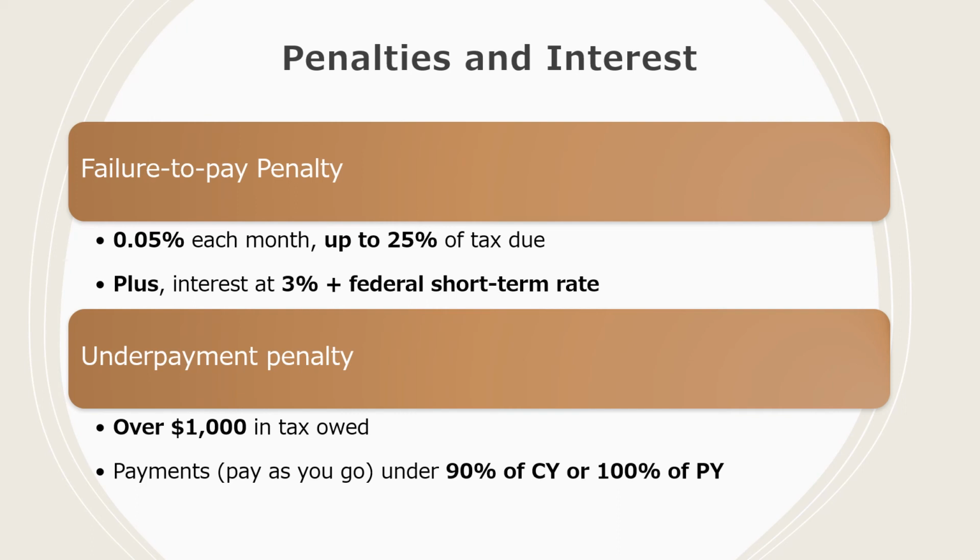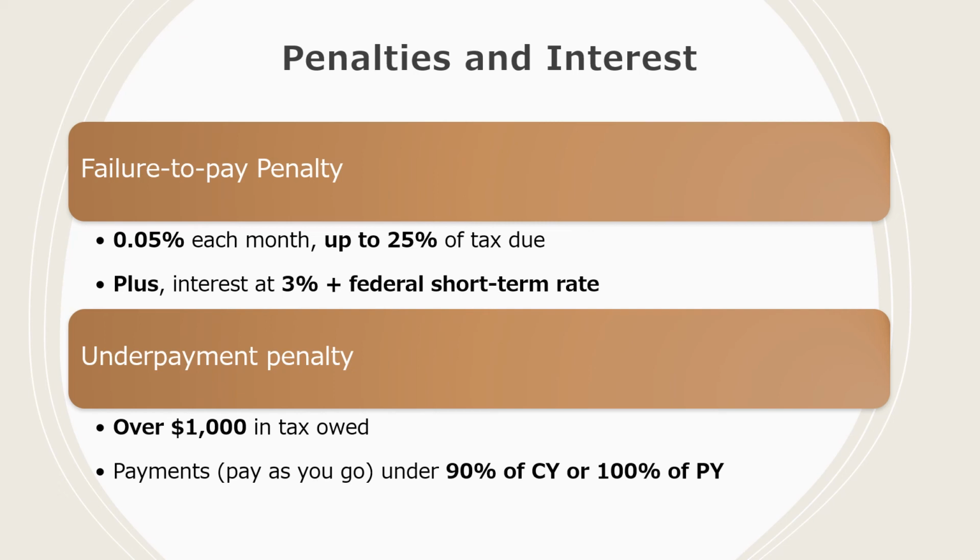And then if the amount of withholdings or payments in is less than 90% of the current year tax liability or 100% of the prior year, which is helpful because that gives our taxpayers, if they had a really surprise source of income and they didn't quite withhold enough for the current year, as long as they withheld 100% of the prior year, then they won't get this penalty.